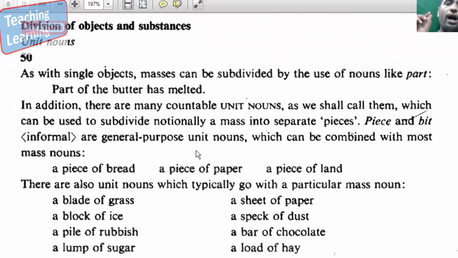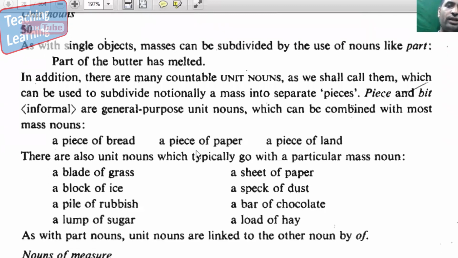It is about how we divide and what we say, piece, or bit in informal use. So a piece of bread, a piece of paper, a piece of land.